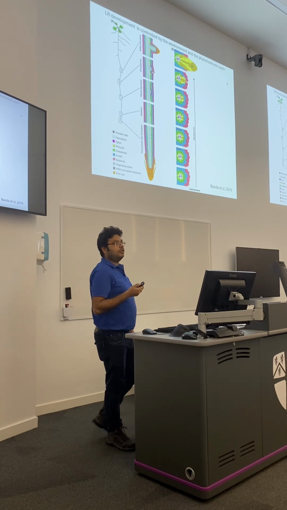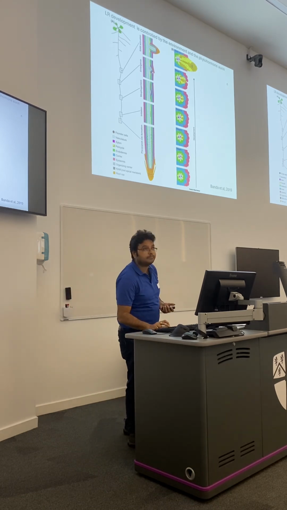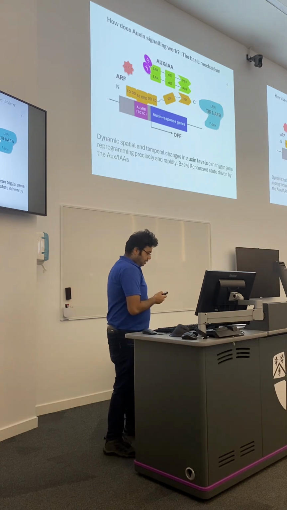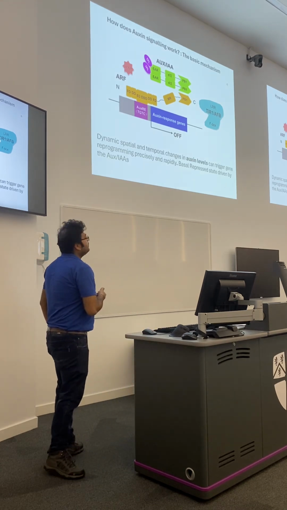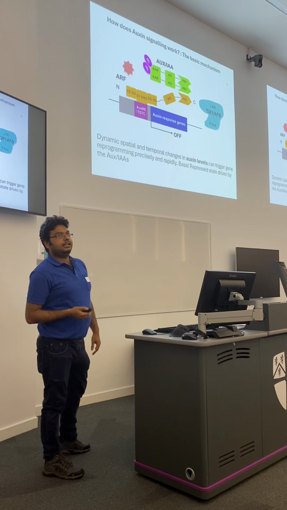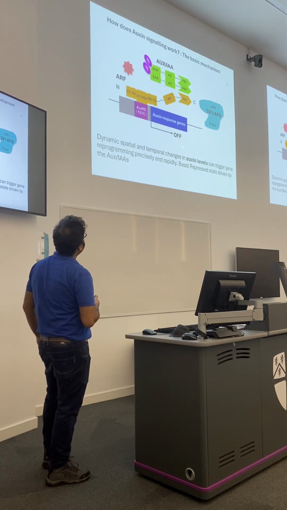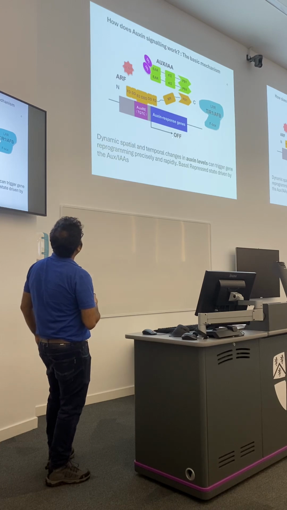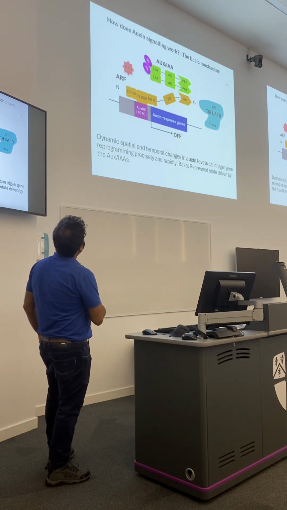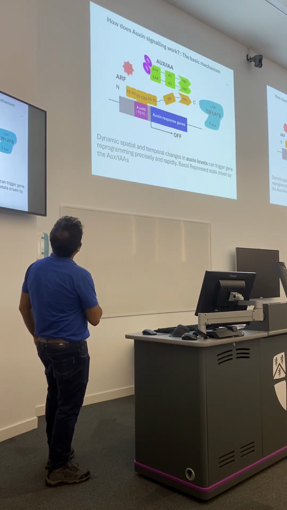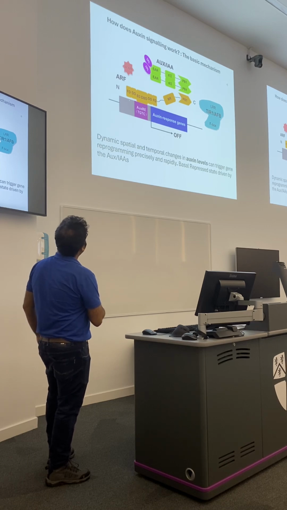So how does the auxin signaling mechanism work? Basically, I would like to call it a de-repression module, where in the off state, where there is less auxin, the auxin responsive genes are bound by a group of specialized transcription factors known as ARFs, or the auxin response factors.